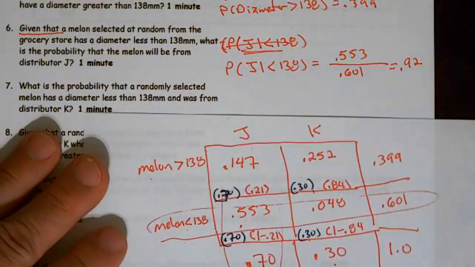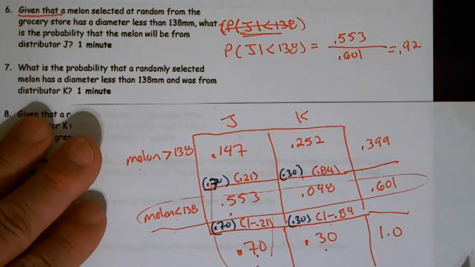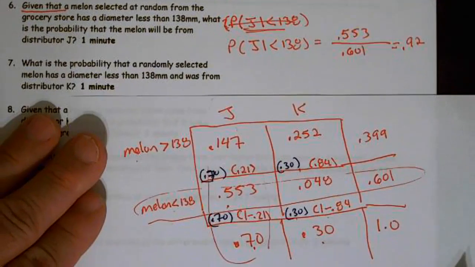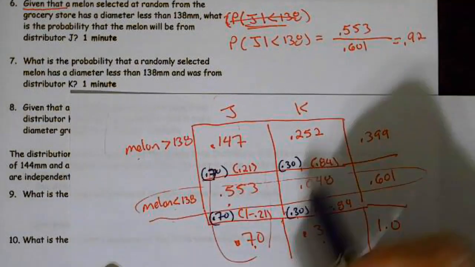The next one, what's the probability that a randomly selected melon has a diameter less than 138 and was from distributor K? So in this case, we're not looking for anything that's given because there's no given, but we want it to be less than 138.